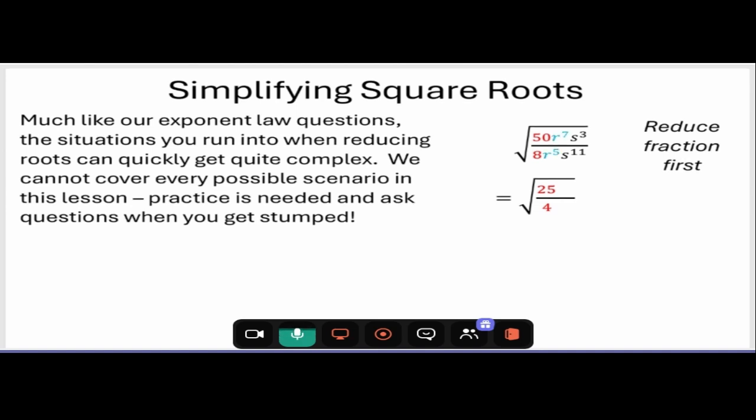We have r to the 7 on the top and r to the 5 on the bottom. And you remember, depending how you want to think about that, you're going to end up with an r squared on the top. Either you thought 7 minus 5 is 2, and the one on the top is bigger, or you might think this is like 7 r's being multiplied on the top and 5 r's being multiplied on the bottom, so all 5 on the bottom cancel out, leaving 2 behind.